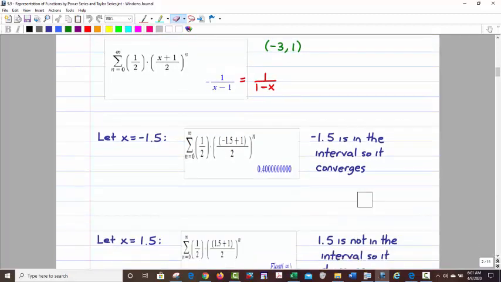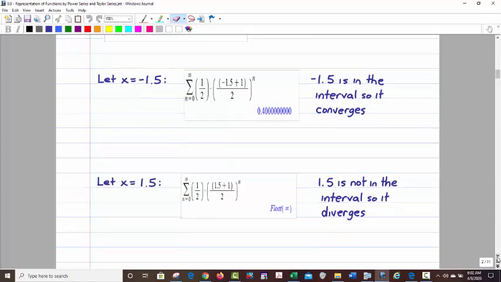So you're not responsible for doing this, but what I did here is I took a couple of values, one that was within the interval and one that was outside the interval. Negative 1.5, that's between negative 3 and 1. You see it came up with 0.4, so it came up with an answer, which it should have done because it's inside the interval, so it converged.